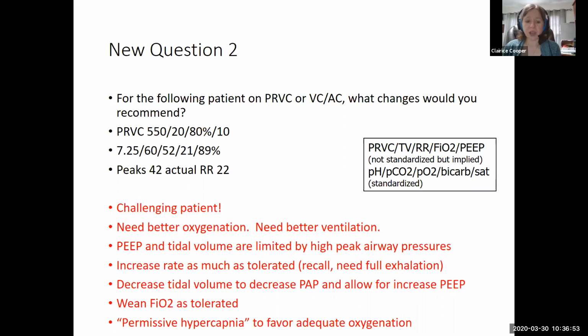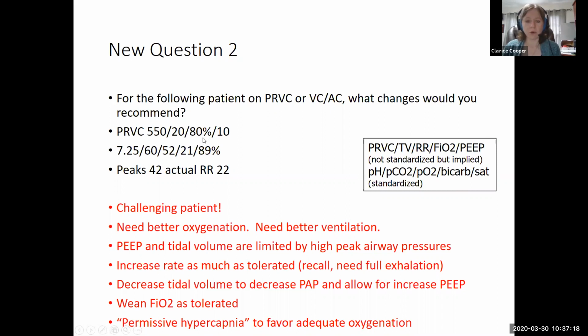We are still going to try to drive down that FiO2 as much as possible. And we're going to accept a saturation in the range of 88 to 90 with the goal of building up at least a little bit of reserve. Now, normally, I change FiO2 in increments of 10%.